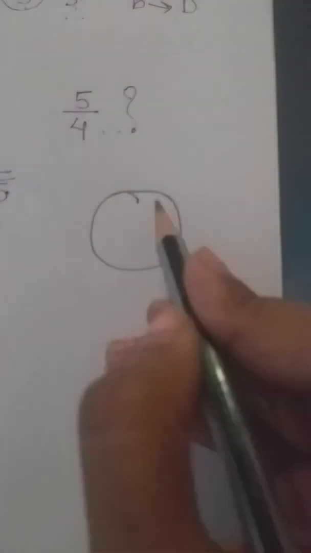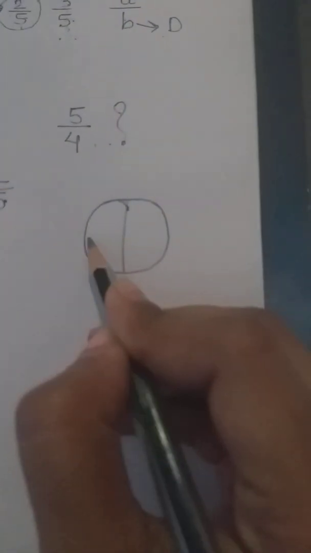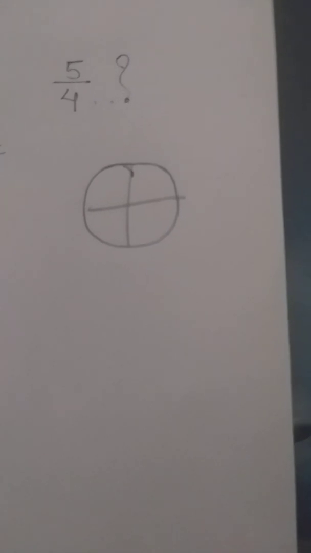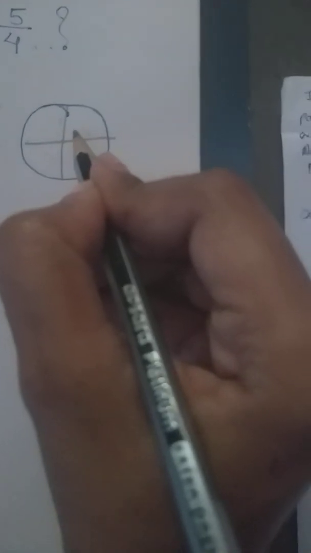It has 4 equal sections. In each part we place a pizza slice. So in this plate I have placed pizzas, yes, of course, your favorite.